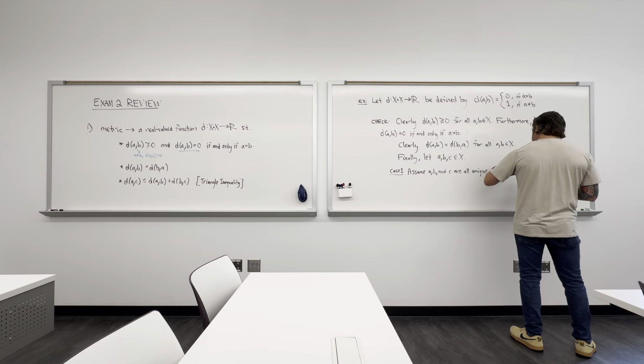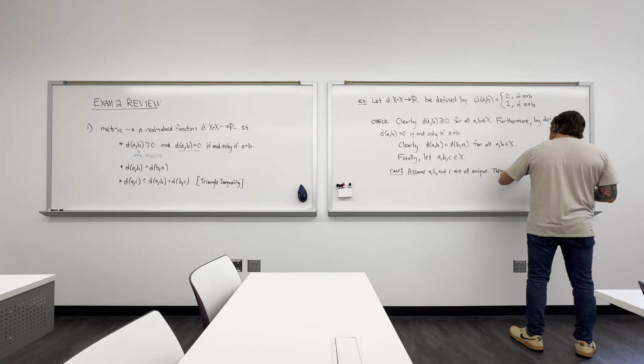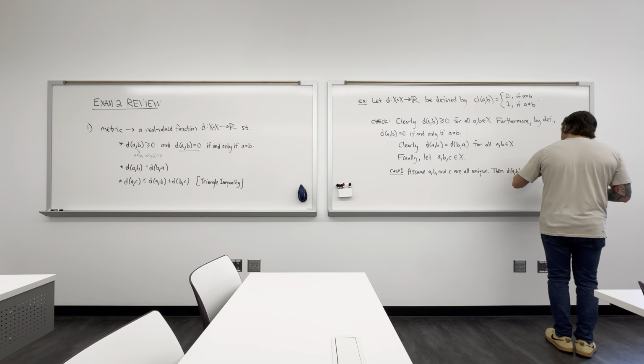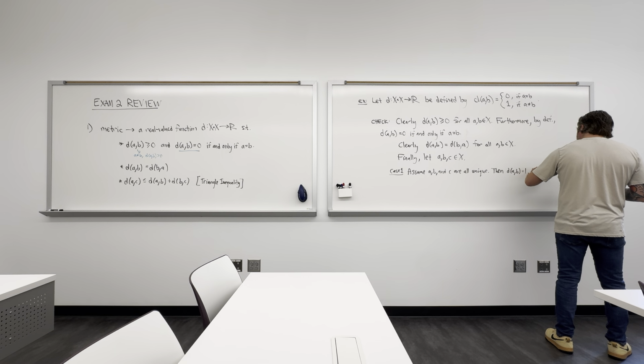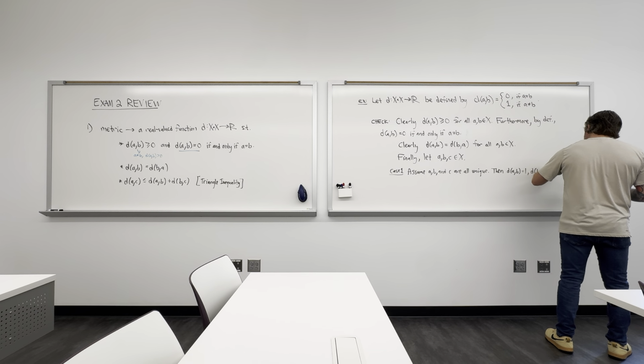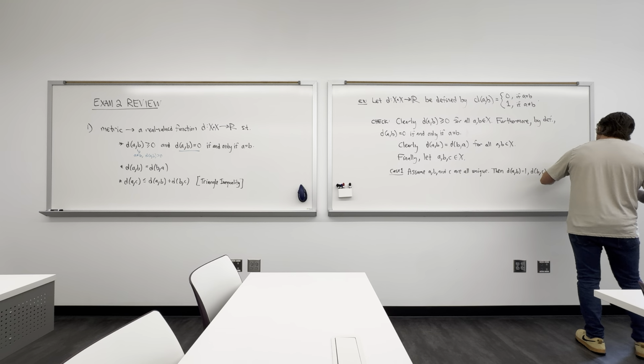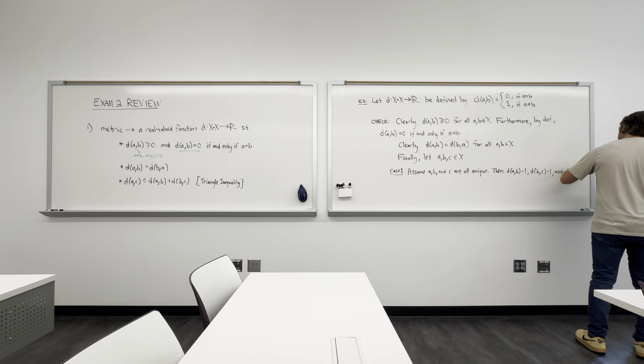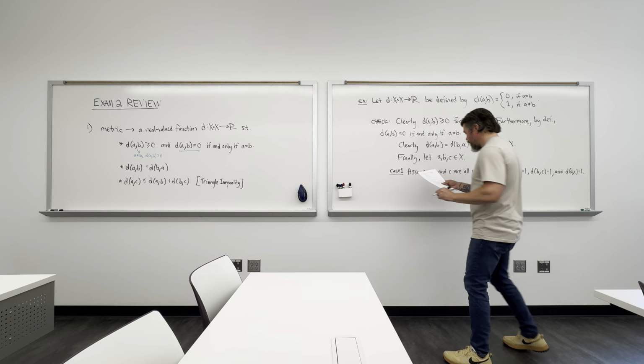Then by definition, d of AB equals 1, d of BC equals 1, and d of AC equals 1.